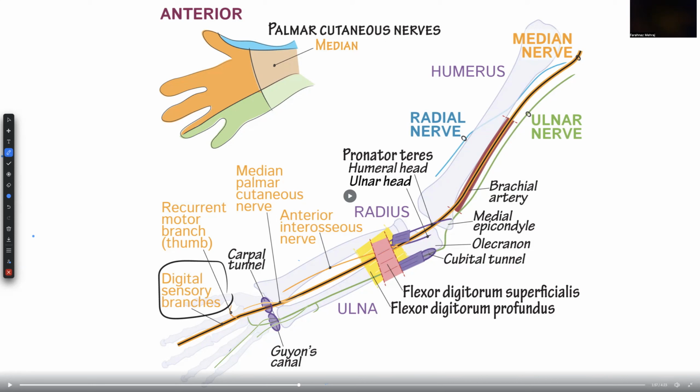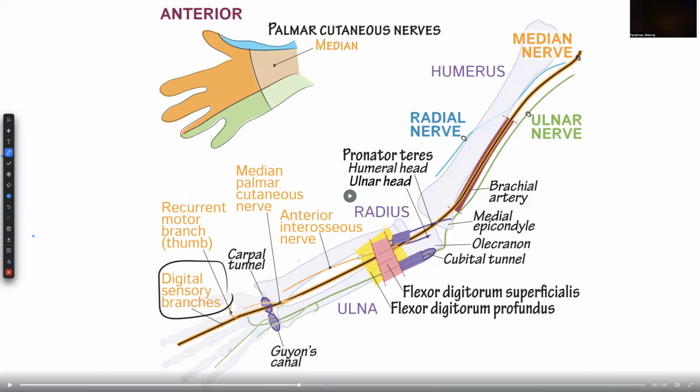We can also see that the median nerve supplies the lateral aspect of the palm, and this portion is usually supplied by the ulnar nerve. These are the digital sensory branches. As we can see, they supply the digits, and then there is a recurrent motor branch that supplies muscles of the thumb. And this is the carpal tunnel. This is the area where we can get carpal tunnel syndrome by compression of the median nerve.